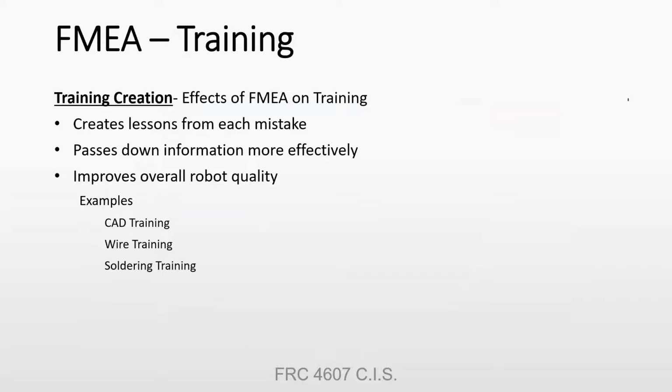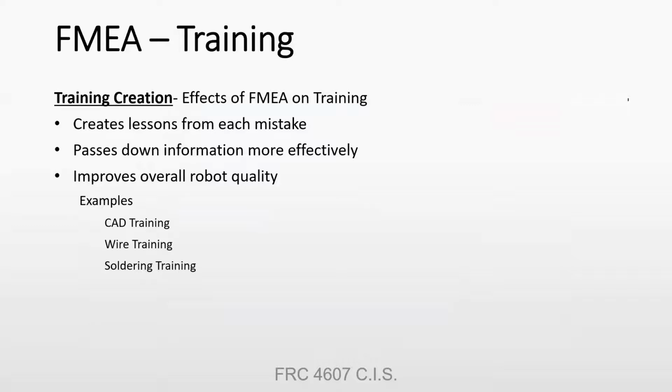So we have FMEA training. From each failure that we have, we're learning from it instead of just skipping over it and saying, okay, whatever, we fixed the problem. We're actually learning from it and we can prevent it later. And since we're documenting it all, we can access that information later.